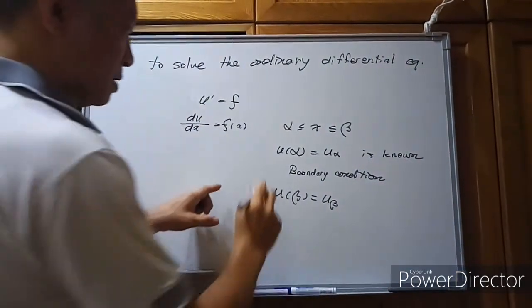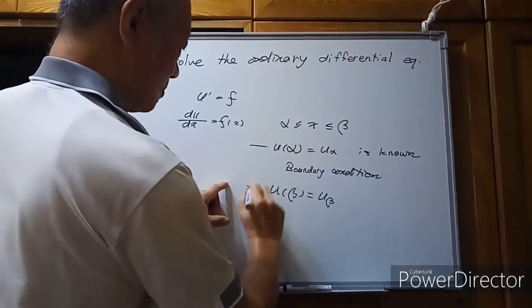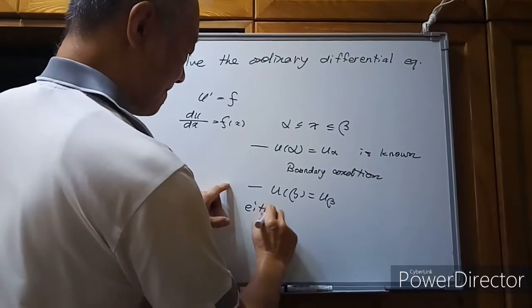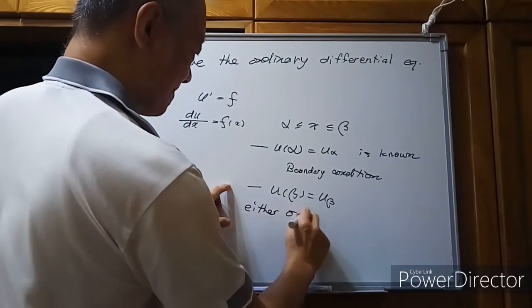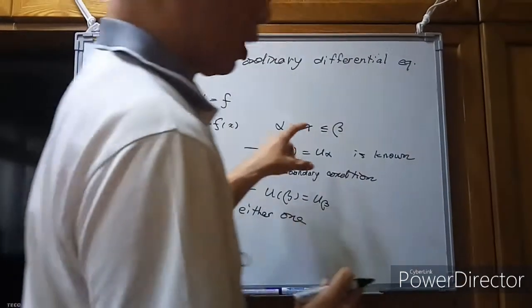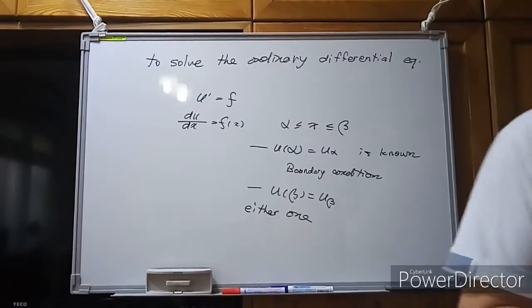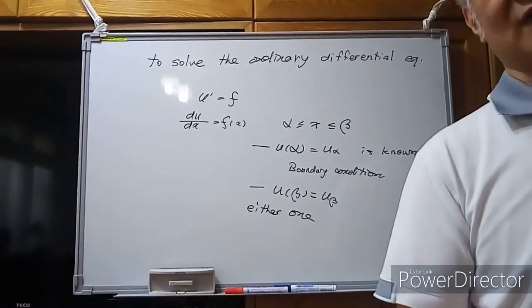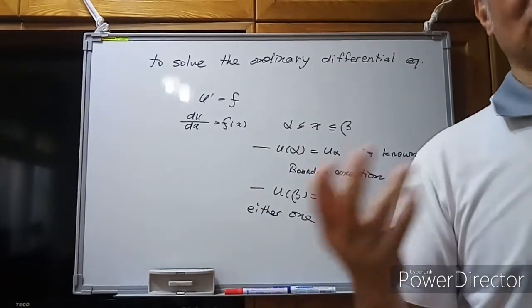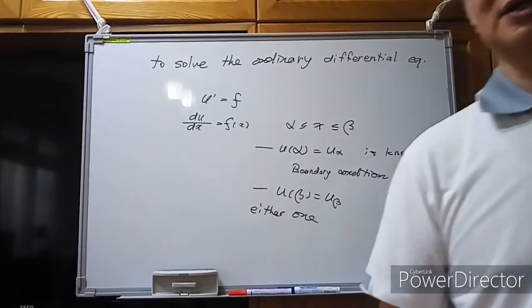Okay, we have either one. Usually we know only one of these. Either we know u at x equal to alpha, or we know u at x equal to beta.